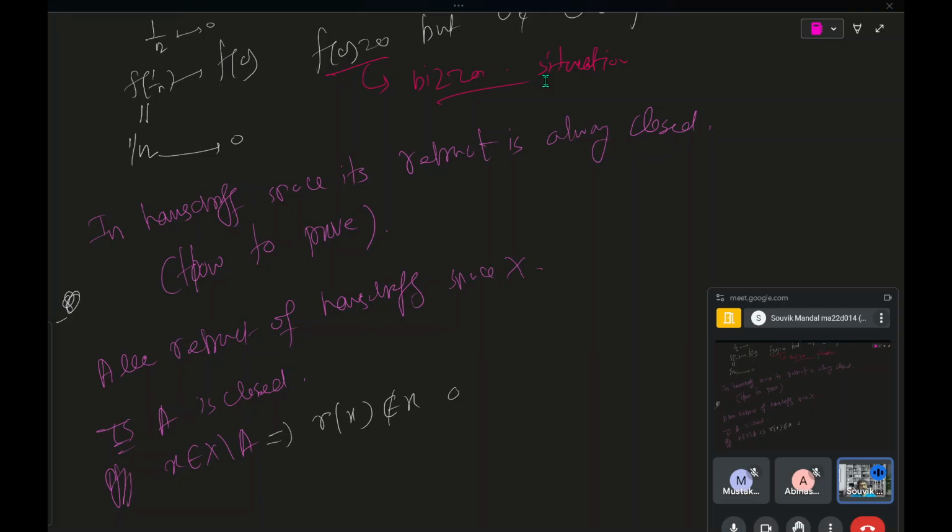Now this states that there exist open sets U and V containing r(x) and x respectively such that U intersection V is empty.